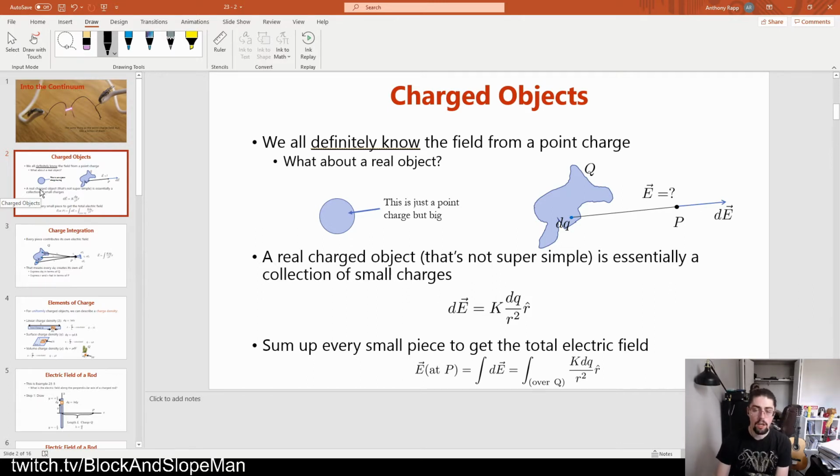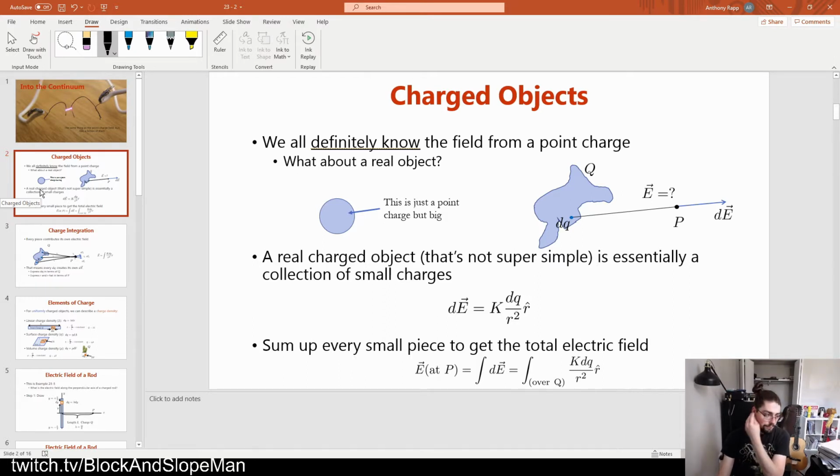What if you have a charged object, and an object gets charged by having many electrons, or a lack of electrons and many extra protons with no electron partners? So you can imagine first, if we look at an object like what's on the left here, this sphere that has some amount of charge on it, and let's assume it's a charge all the way throughout this entire thing, just like every piece has the same amount of charge on it.